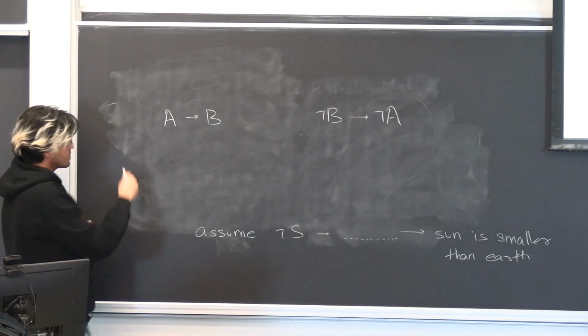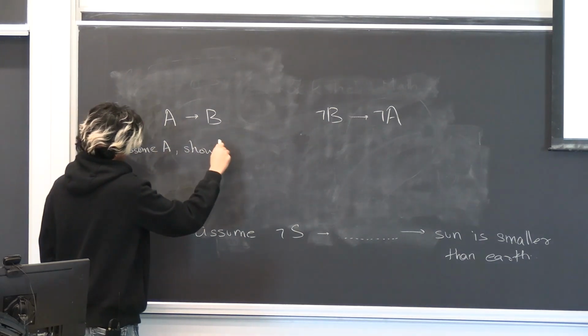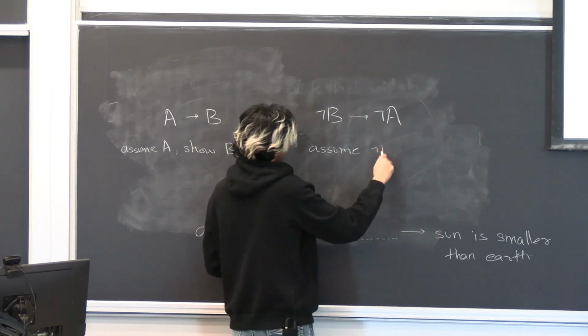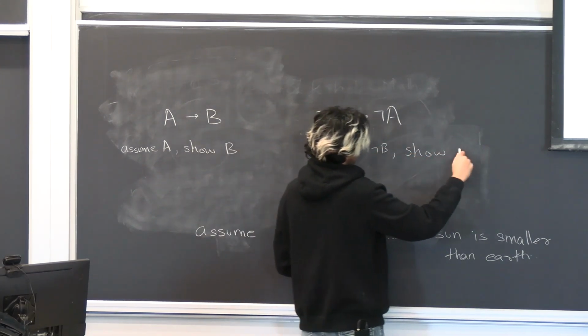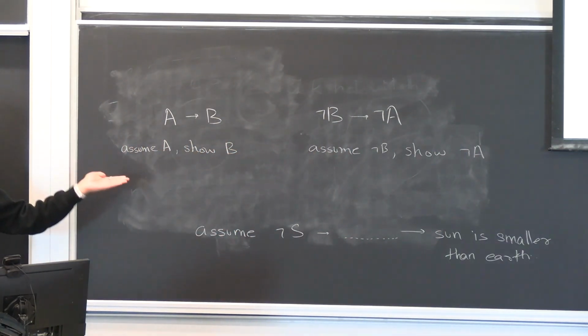So in A implies B, you assume A, you show B. Here you assume not B, you show not A. Why would we ever want to do this instead of this? Yes? For example, we would have an implication when some polynomial is, for example, odd, follows that some x is even. So make a contrapositive to show if something is odd implies one over. Yeah, that's a good example.